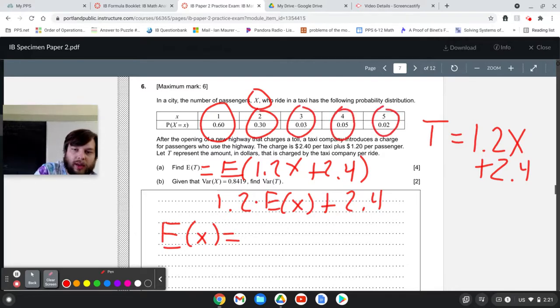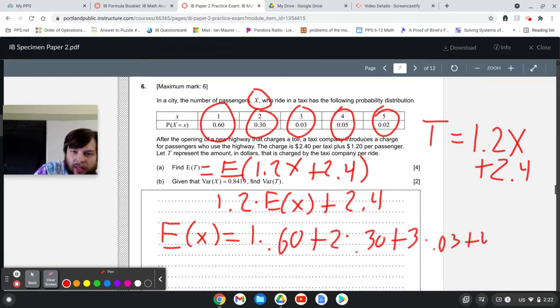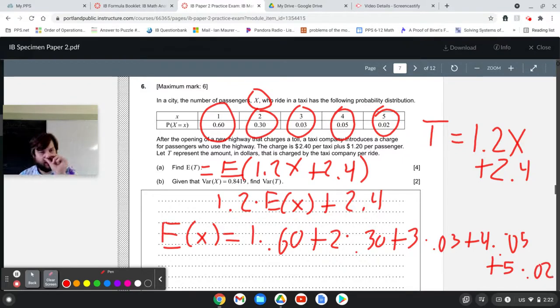So it's going to go 1 times 0.60 plus 2 times 0.30 plus 3 times 0.03 plus 4 times 0.05 plus 5 times 0.02. It's a good idea to double check that that's actually all of the outcomes. If you add them up, you will get 100%, so we know we have exhausted it.